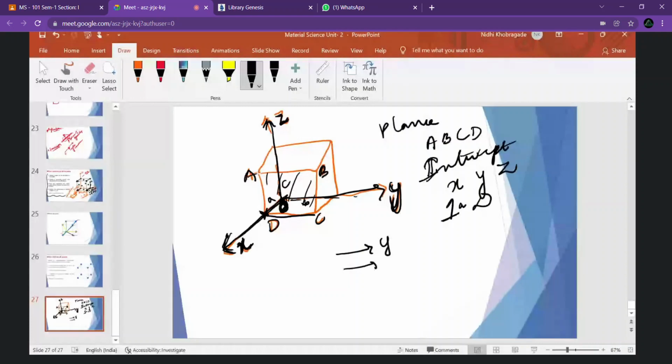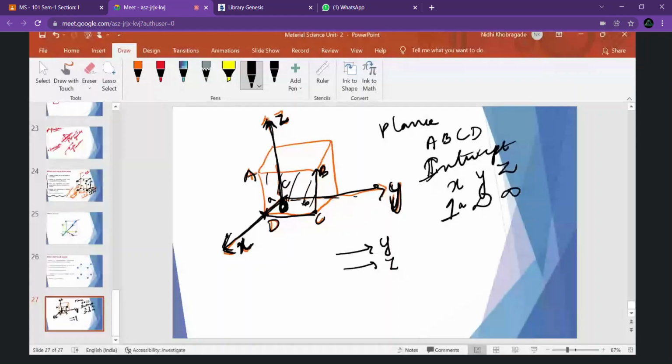Similarly, if we consider the z-axis, from this point to this point, the given z-axis is also parallel to this particular A, B, C, D plane. If two lines are parallel to each other, they meet only at an infinite position, so the z value will also be infinite.